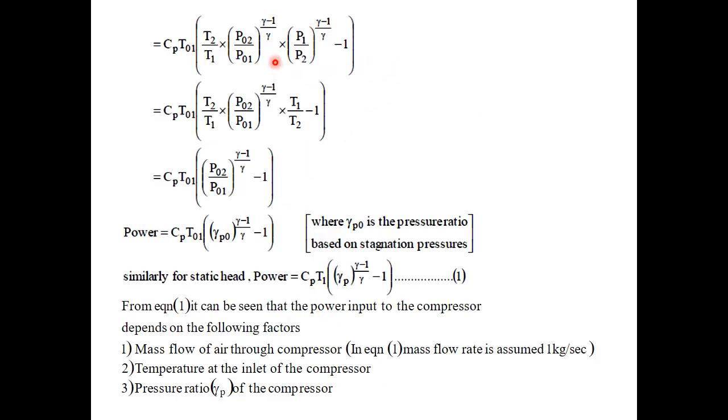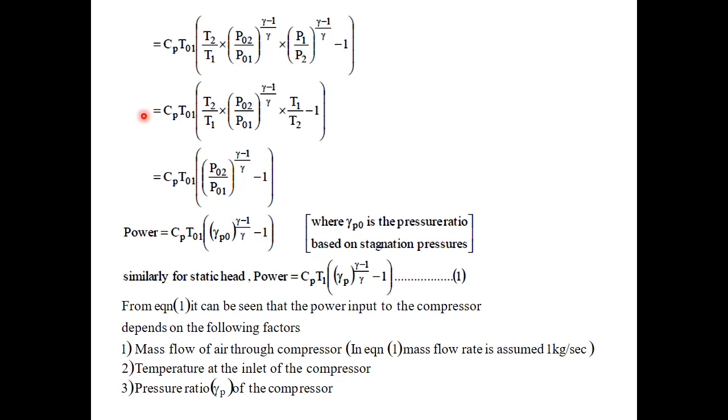In the previous equation, rearranging the two pressures P2 and P01, we will get power equal to Cp into T01 into T2 by T1 into P02 by P01 the whole raised to gamma minus 1 by gamma into P1 by P2 raised to gamma minus 1 by gamma, minus 1. Now P1 by P2 raised to gamma minus 1 by gamma is equal to, using the temperature pressure relationship, T1 by T2.